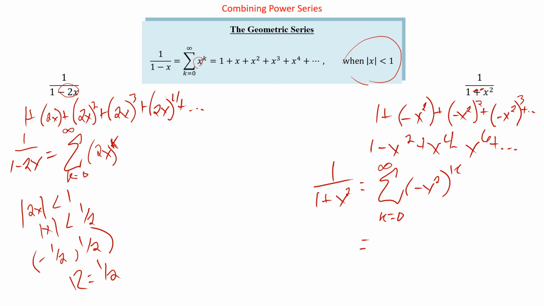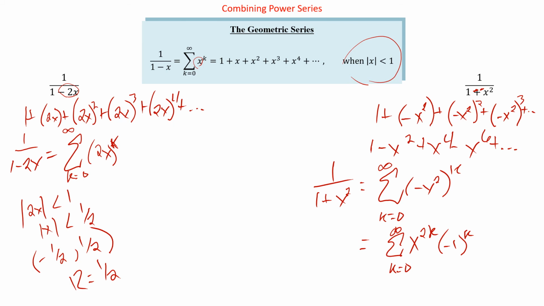The x squared to the k could be x to the 2k, and that negative will be just negative 1 to the k. We have to multiply because that'll get us our alternating series.